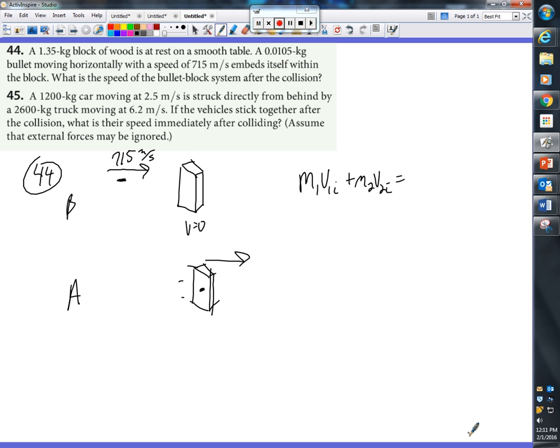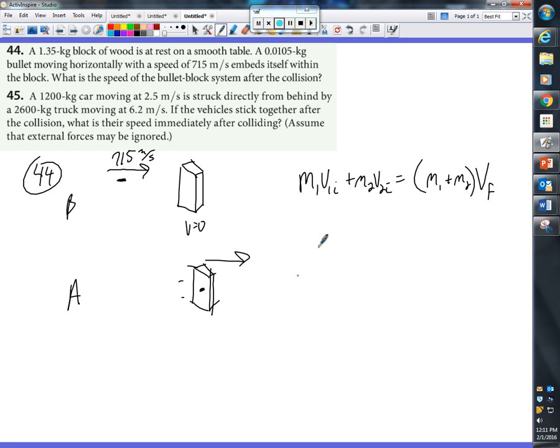Now this is a perfectly inelastic collision. They're stuck together. You have two masses merging into one mass. So you only have one final velocity. So you combine the masses, multiply by v final. That's your conservation of momentum equation for a perfectly inelastic collision.